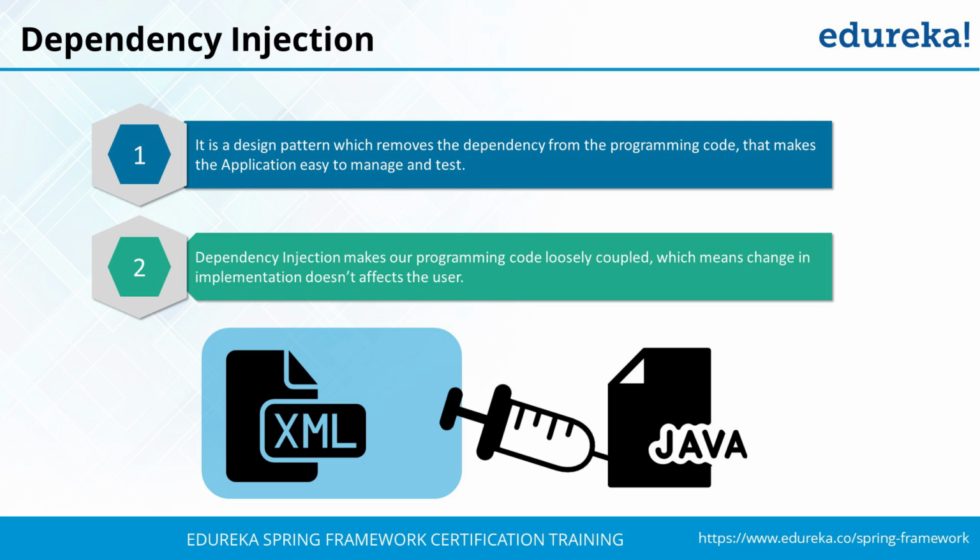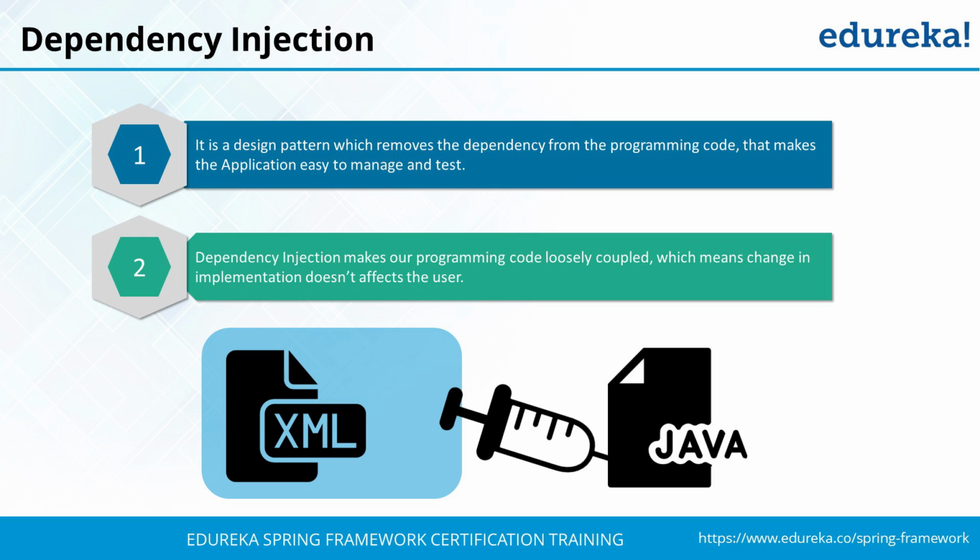So guys, it's a design pattern which removes the dependency from the programming code. That makes the application easy to manage and test. Dependency injection makes our programming code loosely coupled, which means any change in the implementation of one will not affect the other. That's what we need to achieve.